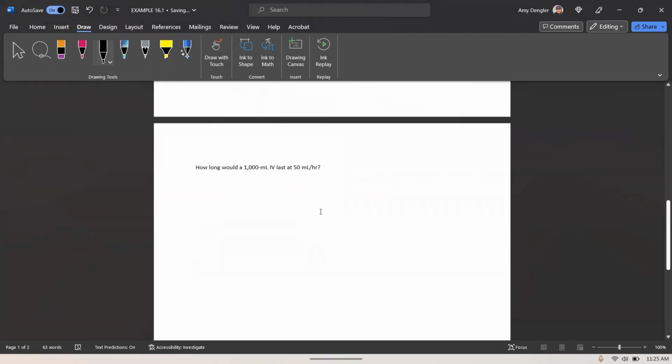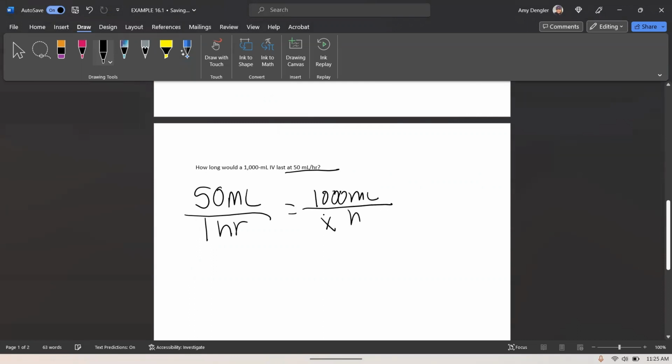And then how long would a 1,000 ml IV last at 50 ml per hour? We have the conversion factor we're going to use, which is the infusion rate, and we're going to put 1,000 ml up here, and we're looking for how many hours. So this would be 50x is equal to 1,000 times 1, which is just 1,000.